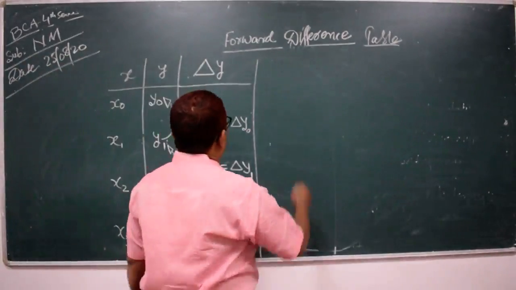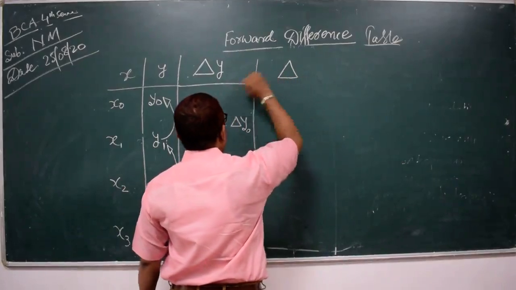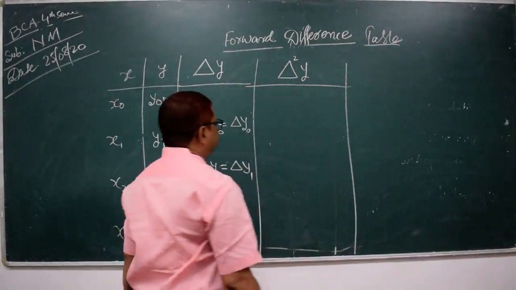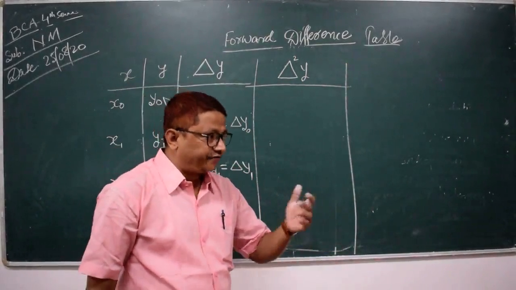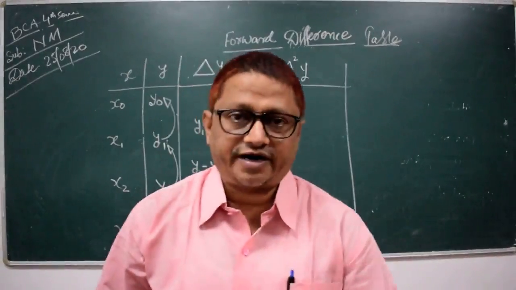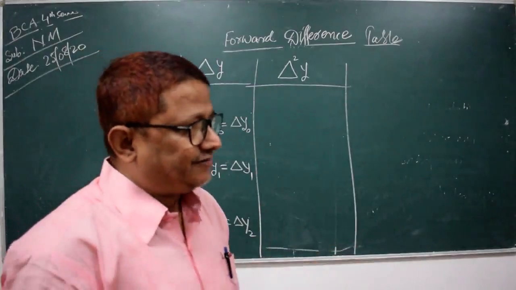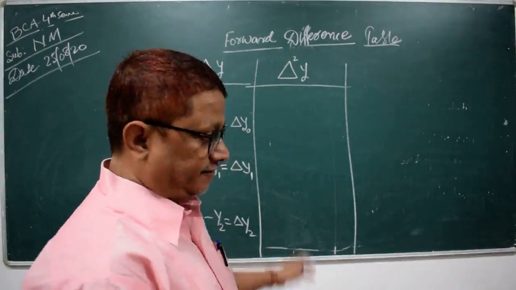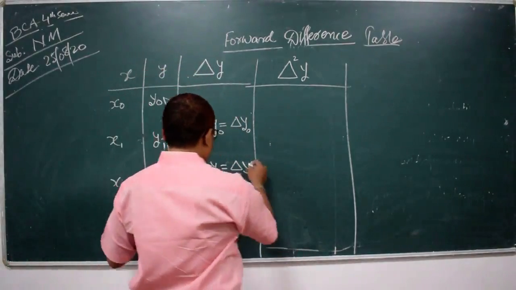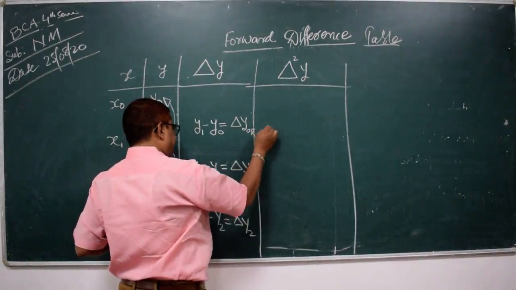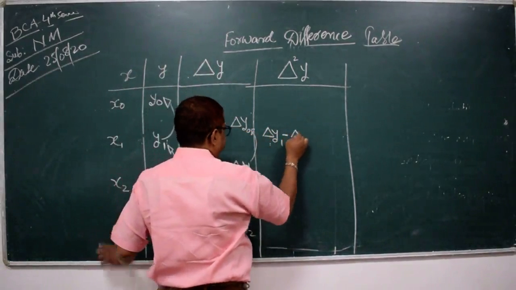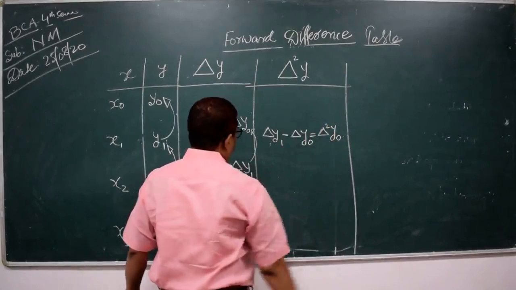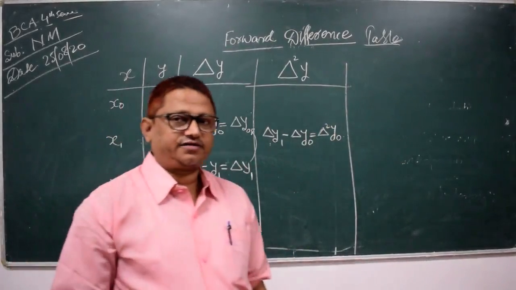Now come to the next difference with the help of the operator delta square y, and this delta square y represents the second difference of this forward difference table, and we are representing it as the name of the column. Again subtract: delta y1 minus delta y0 is delta square y naught.